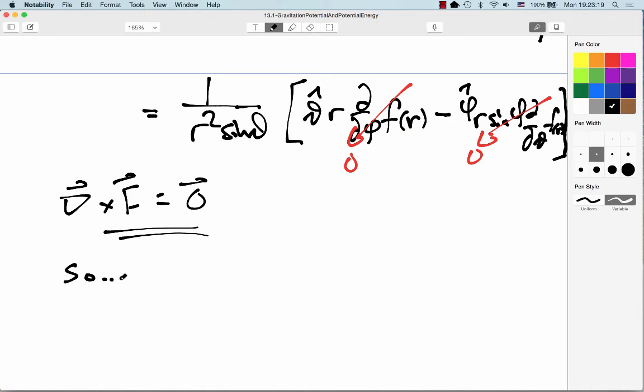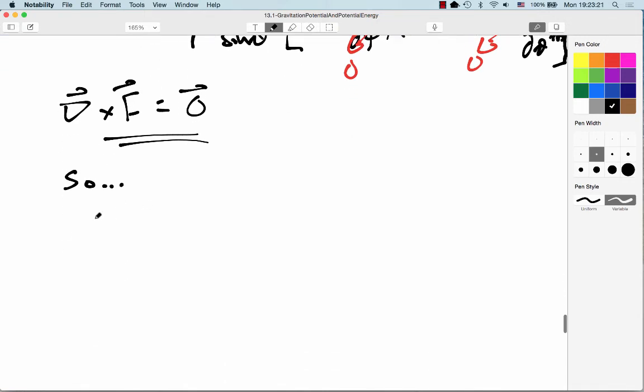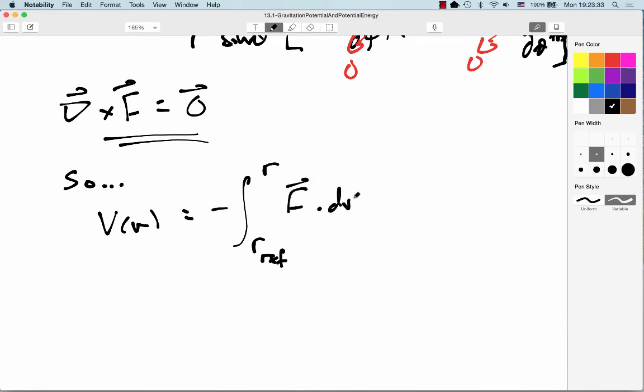The potential energy we showed earlier would be equal to negative of the integral from our reference radius to r of f dot dr. This will be little f times r hat, and our dr we've done before, that's going to be dr r hat.